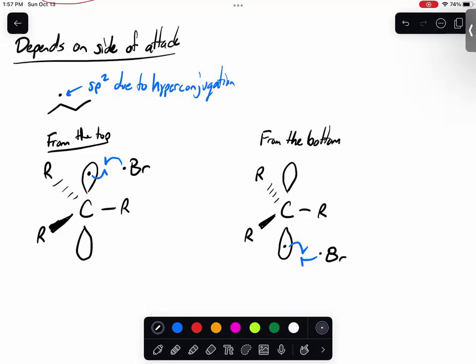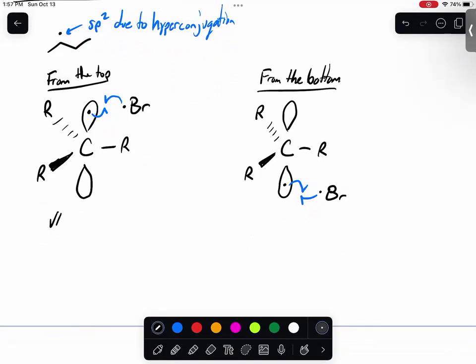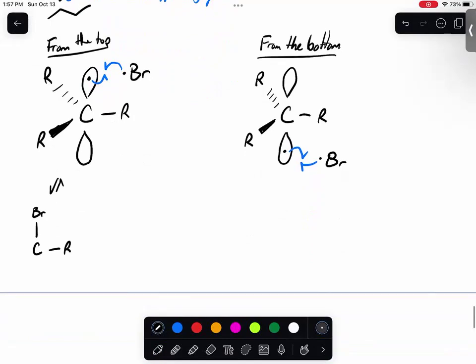If it attacks from the top, we see that the bromine is now pointed straight up. And this R group that's off to the side, you may notice that's a 90-degree angle, so it does not like to be in that position. These other two R groups are also at really bad angles.